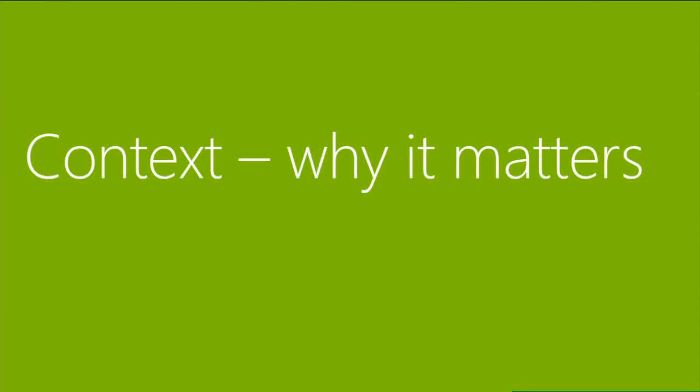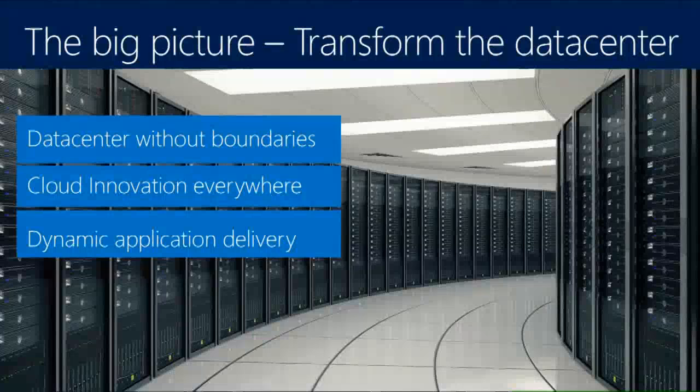So with that, let's start with the context. The big picture, as you may have heard in Brad's keynote, is transforming the data center. The idea being that the infrastructure basically appears to you as a pool of resources. They're not siloed. You have a pool of resources that you can allocate flexibly on demand.